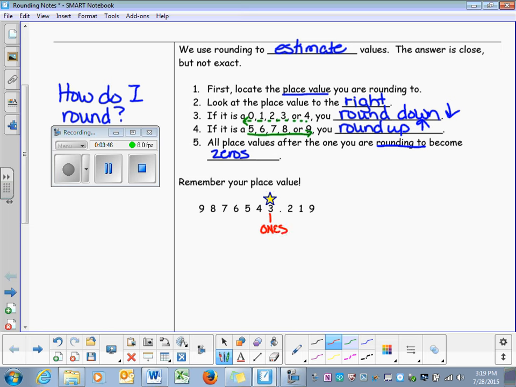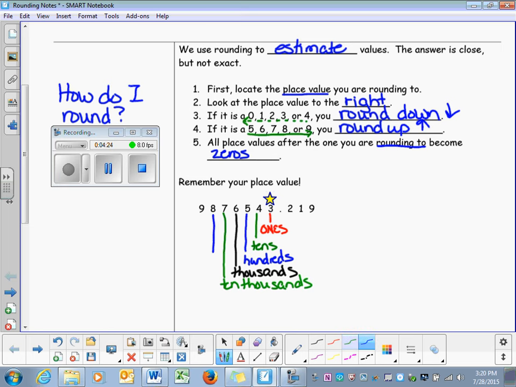As we move to the left, we have the tens, then the hundreds, then the thousands, then the 10,000s, the 100,000s, then we're on to the millions.